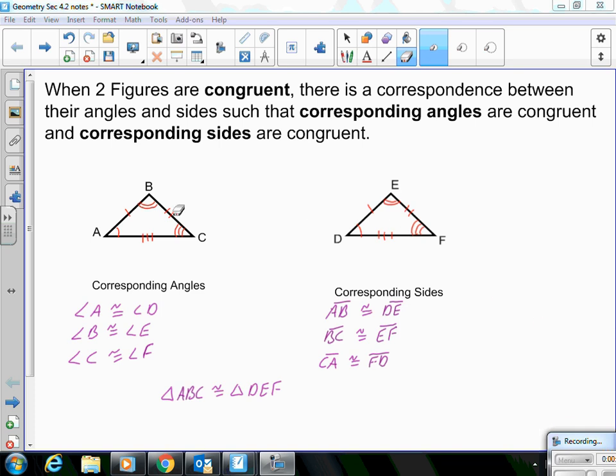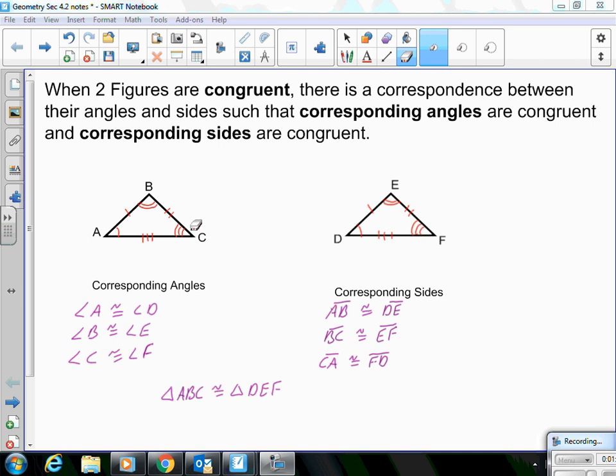And so as we look at these two figures here, we've got triangle ABC and triangle DEF. And so in the corresponding angles, A matches up with D, B matches up with E, C matches up with F. And so those corresponding angles should be congruent to each other.